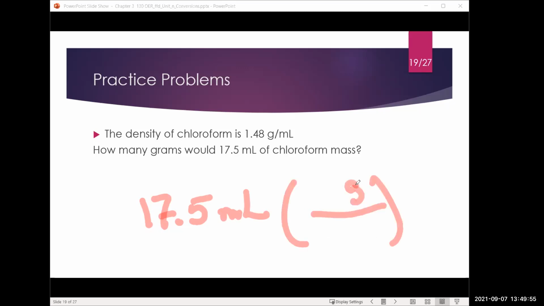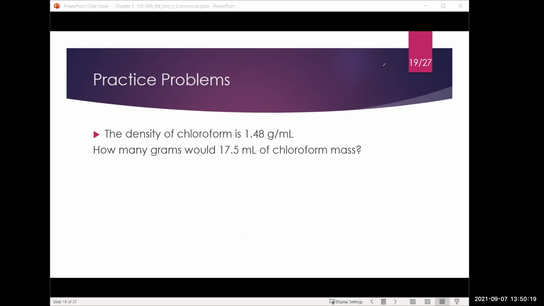So I have grams up front, milliliters in the bottom. And so it's 1.48 grams divided by 1 milliliter, okay? Now, setting that up, my milliliters cancel out. Bam, I got that problem set up properly.